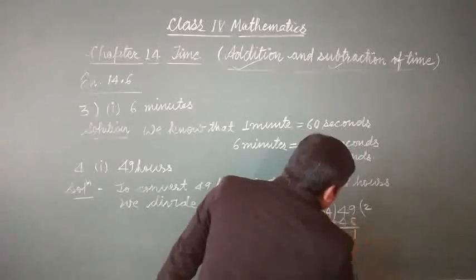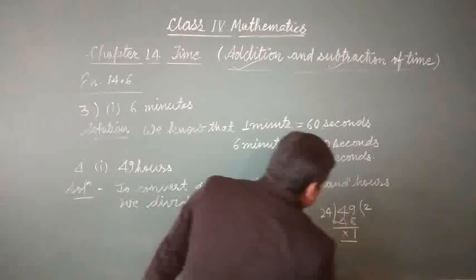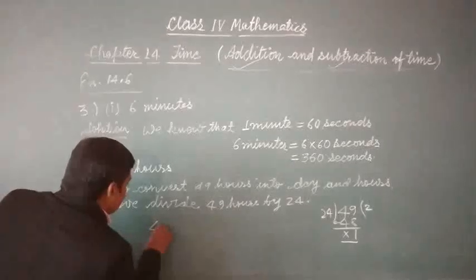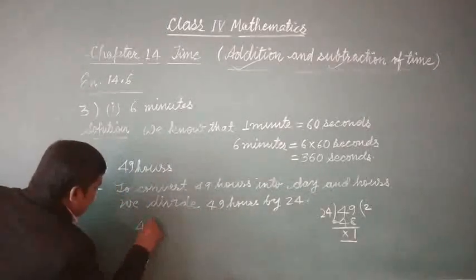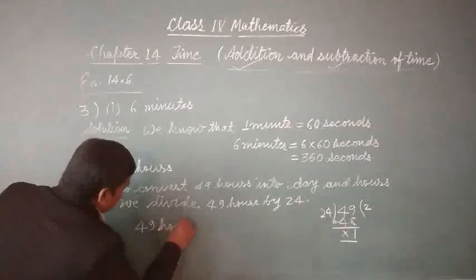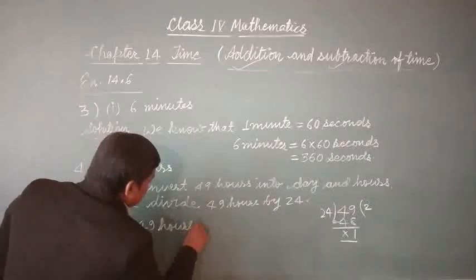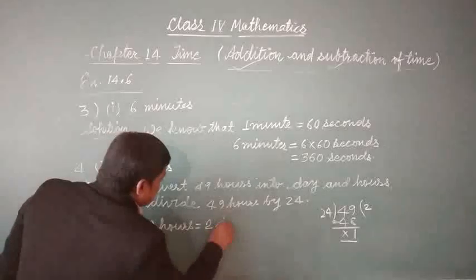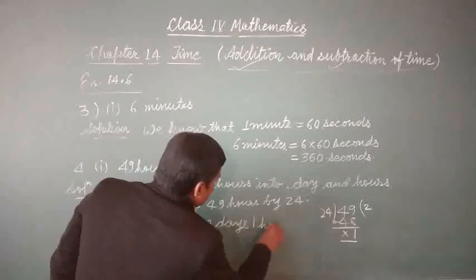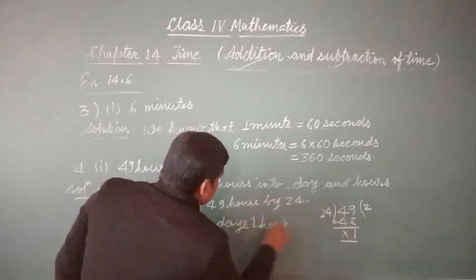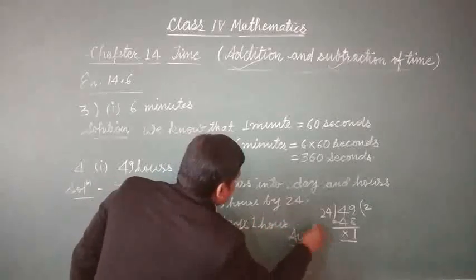So 1 will come as remainder. So we can write 49 hours is equal to 2 days 1 hour. So this is the required answer.